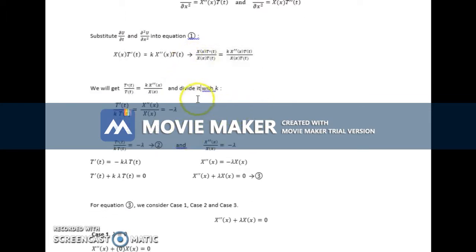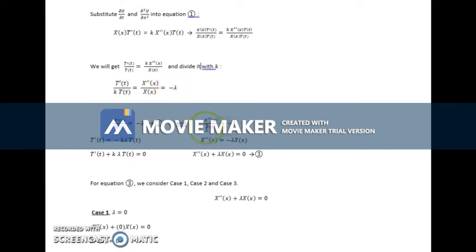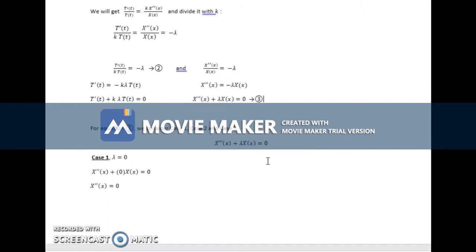After we divide by k, we get the equation equal to negative lambda. And we can let negative lambda equal to this, so that X double prime of x plus lambda X of x equals 0, as equation number 3.